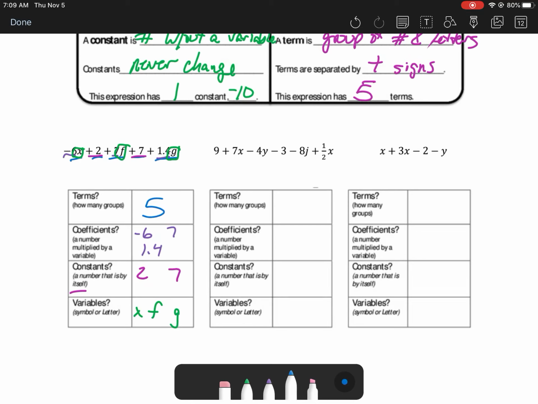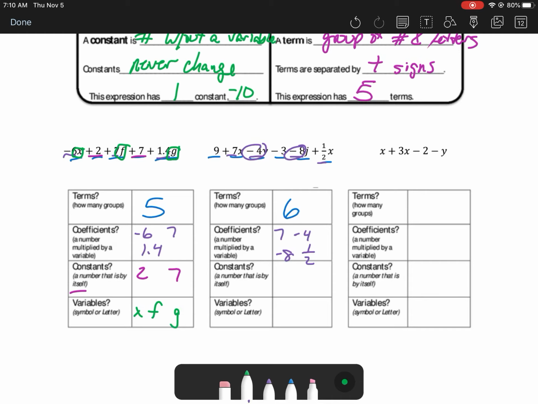Okay. How many terms? We got 1, 2, 3, 4, 5, 6. What are my coefficients? I have 7, -4, -8, and 1/2. So because these guys say -4 and -8, that does mean that they are negative.